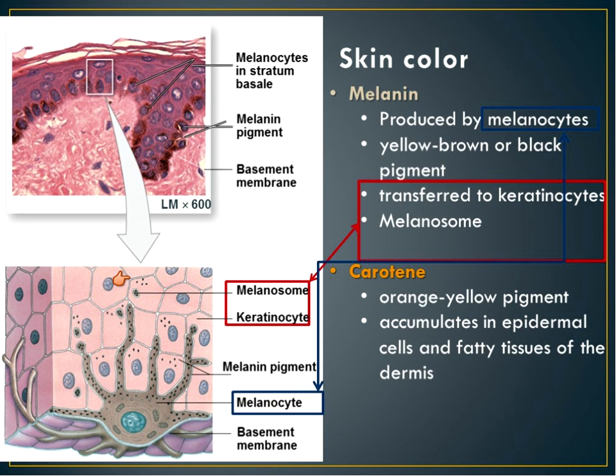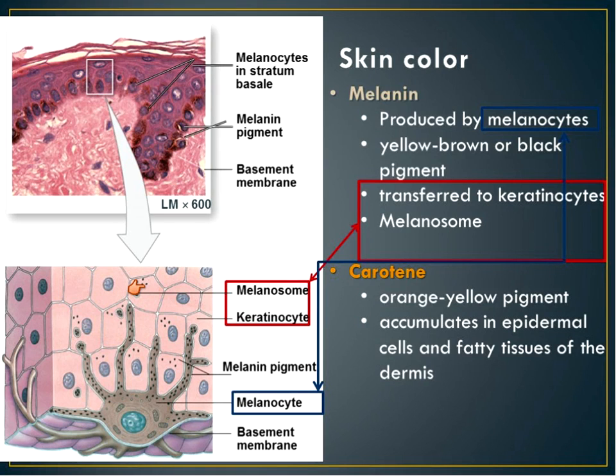Well, the difference between someone like me who is pretty darkly complected and someone who's not as darkly complected as I is that my melanocytes transfer their melanin early, even as early as the stratum germinativum, and they transfer it often. So they're transferring that melanin more often than someone who's of whiter complexion.